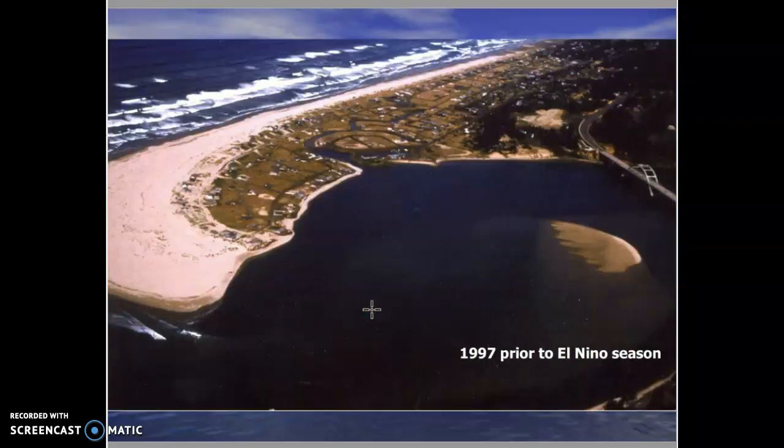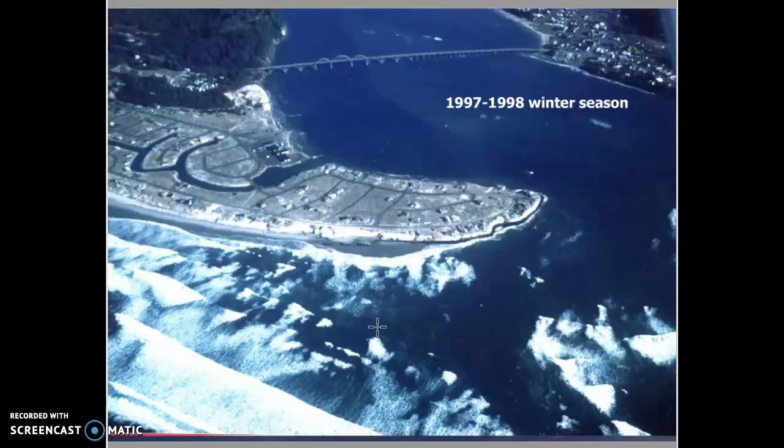Just to show you some imagery that I used in this study. This was 1997. There's that sand spit. This is Alsea Bay in Waldport, and this was prior to the El Nino season. You can see it has a very large, wide beach. There's homes built here as well as here. And this is during the 97-98 winter season, an image I took from a different angle, right?